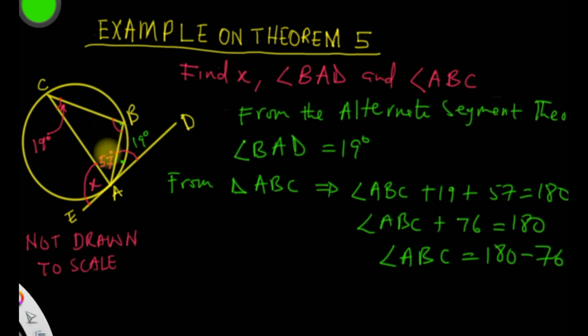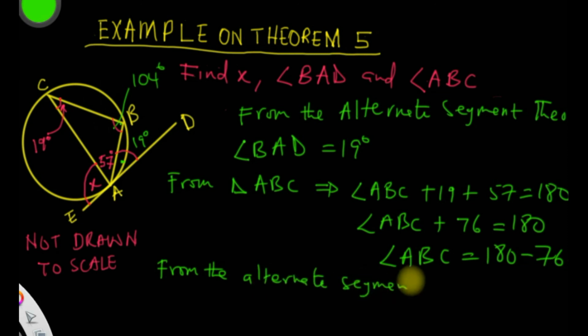So this angle is 104 degrees. If this is 104 degrees, then from the alternate segment theorem, x is equal to this angle. So from the alternate segment theorem, x is equal to 104 degrees.